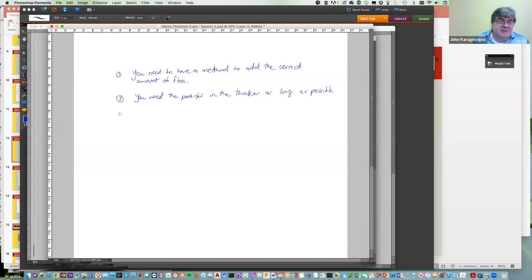The other one is you need to dilute the flocculant, you need to dilute the feed. This is something that you can actually do, and we'll talk about it today. This helps settling as well. So you need to know that you're diluting the flocculant and the feed correctly.